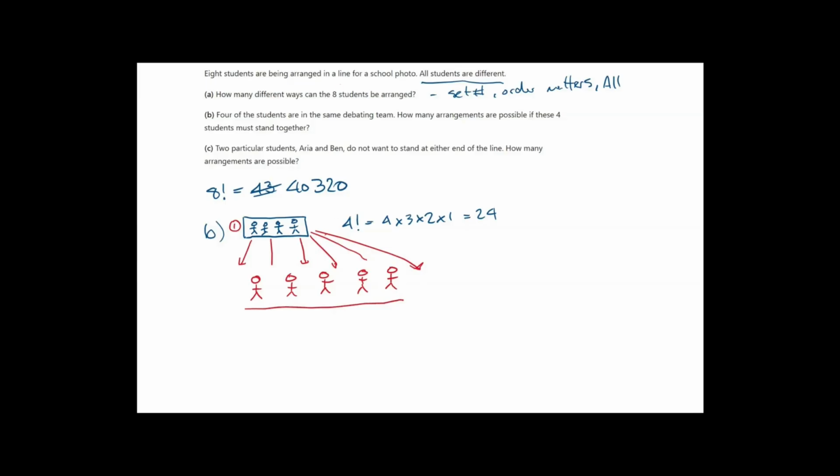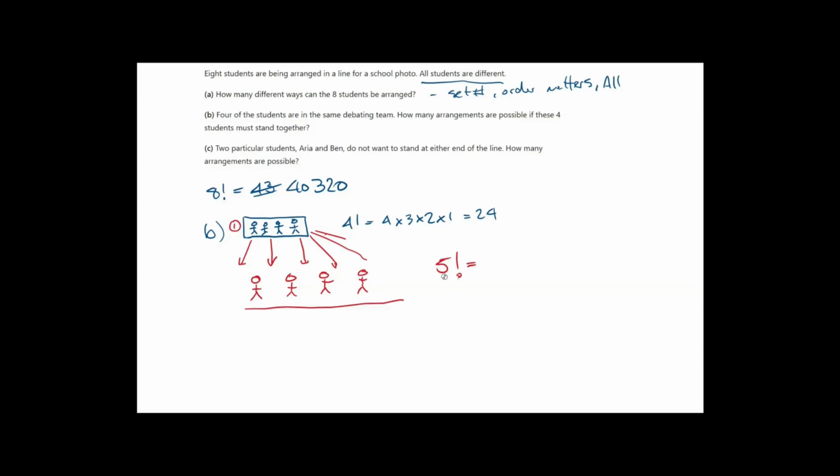Whoops, actually, I've just created a new student out of nowhere. That was sloppy. Where are those students going to go? They're going to be treated as if they're a single student. So the 4 students and this lot of 4 which are together, it's really going to be 5 factorial ways of arranging those 5 objects.